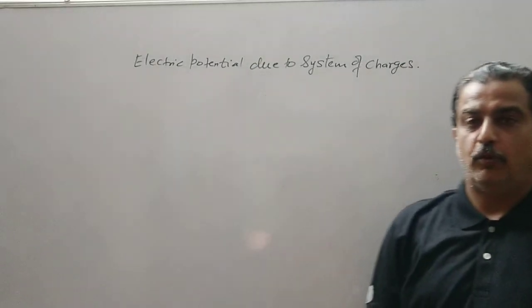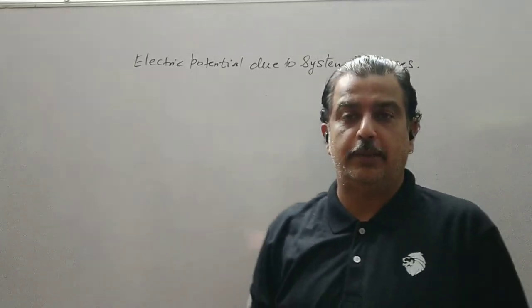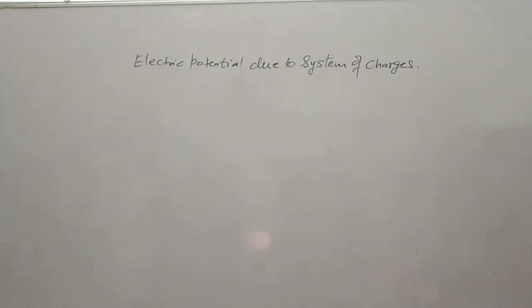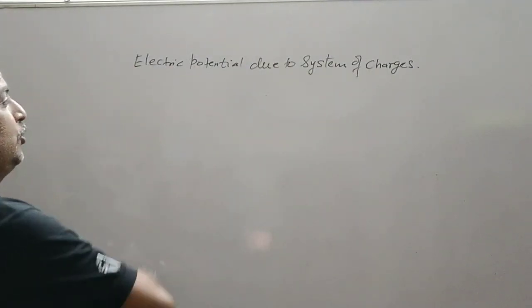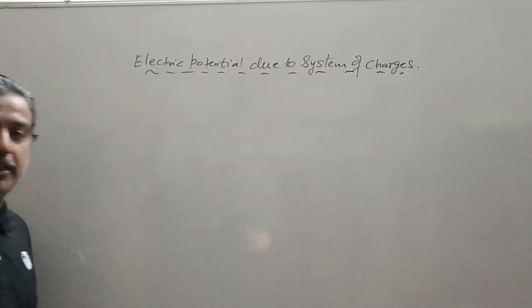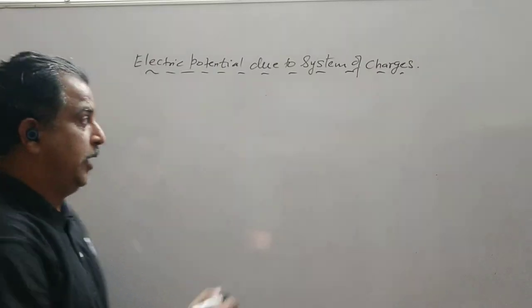The first topic was potential due to point charge, the second topic was potential due to dipole, where we have two source charges. Now we have electric potential due to system of charges. It is simply like a superposition principle.